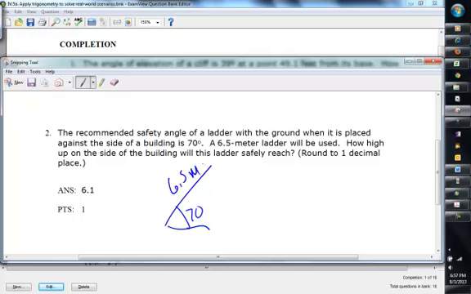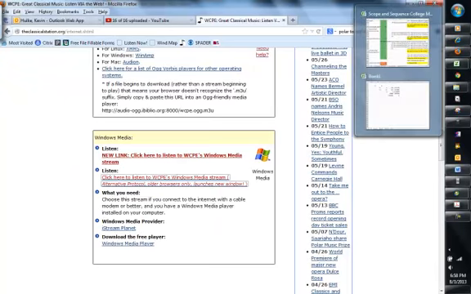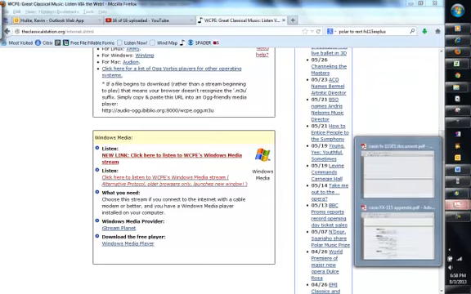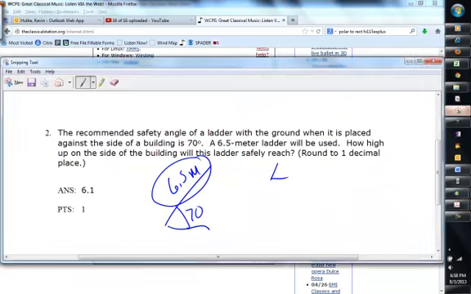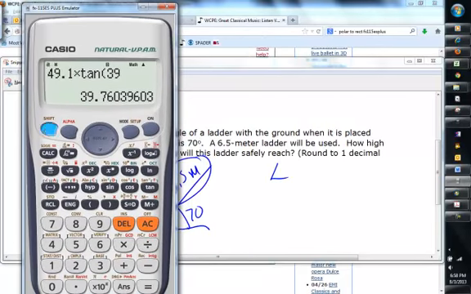When you have the angle and the hypotenuse, you can use the polar to rectangular conversion on your calculator, shift rectangular.